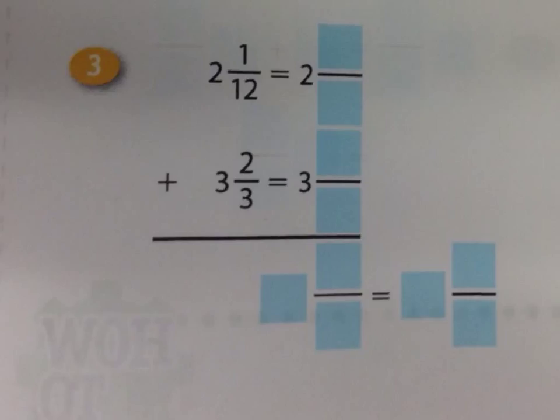Okay, so we'll go ahead and start by finding your least common denominator. You have 12 and 3, which happen to be the same as number 1, so we know our denominator is going to be 12. We're going to find equivalent fractions. 12 times 1 is 12. 1 times 1 is 1. 3 times 4 is 12, so 2 times 4 is 8.